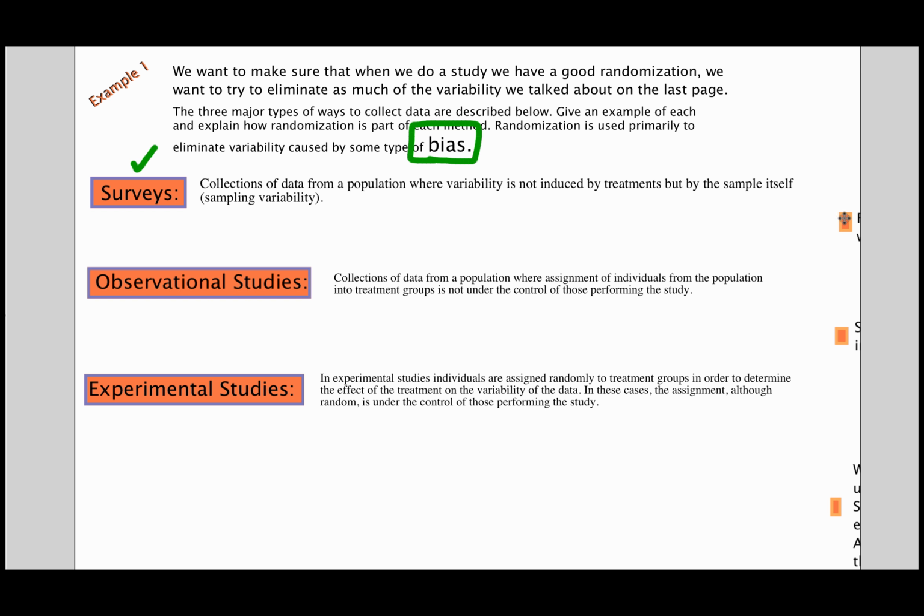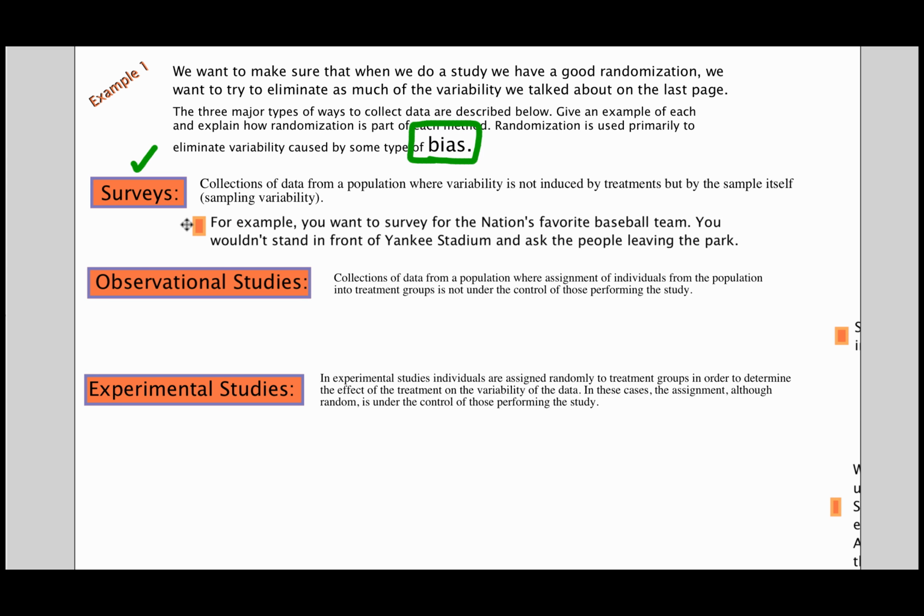What does that mean? So in other words, let's say you wanted to survey the nation's favorite baseball team. You're not going to stand in front of Yankee Stadium and ask people leaving the ballpark who their favorite team is, because they're all going to say the Yankees, when we all know the favorite team is... Okay.